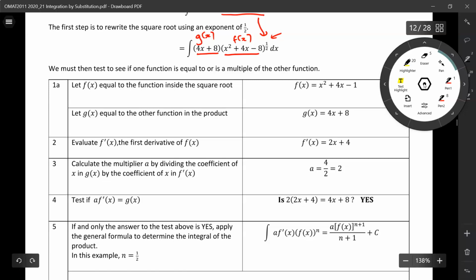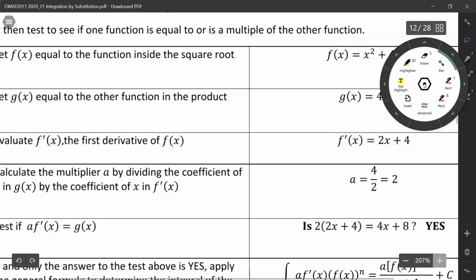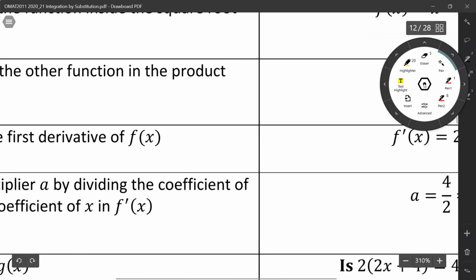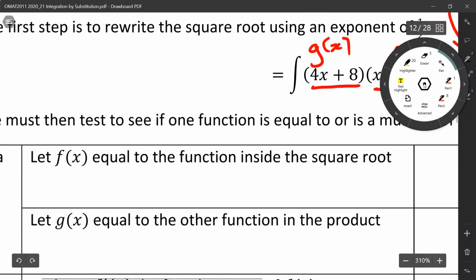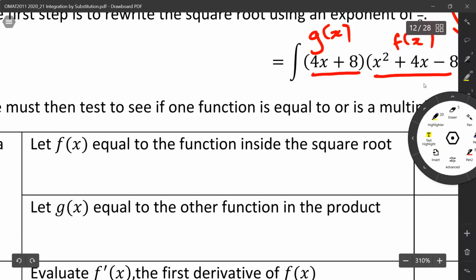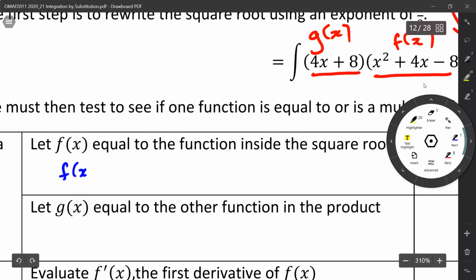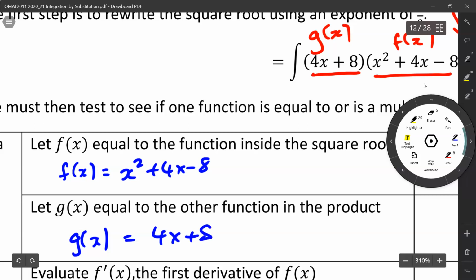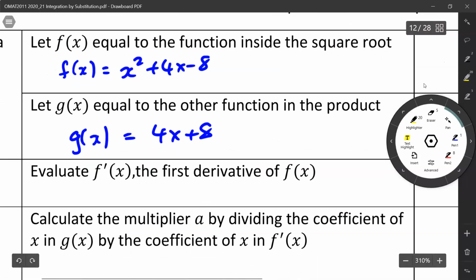So if we run through this again, I'm going to maximize it the way I did before, as if I'm running through it myself. So we let f at x equal x squared plus 4x minus 8. G at x is equal to 4x plus 8. The first thing we do is get the first derivative of f at x.